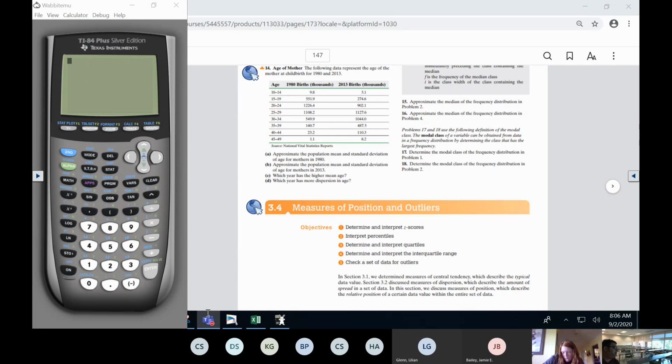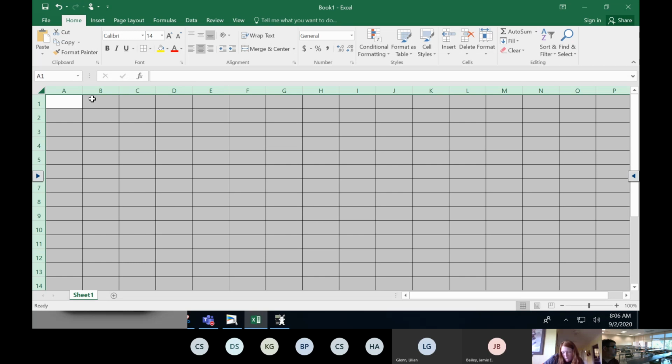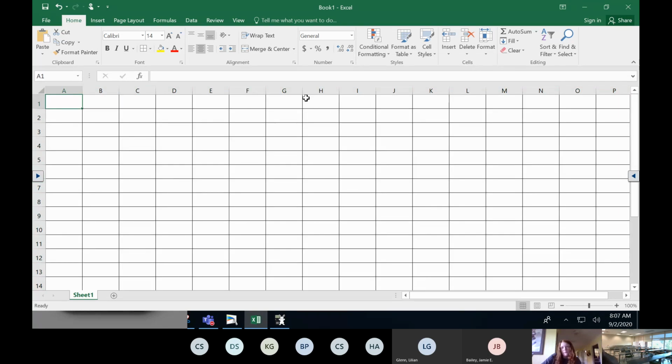All right, here we go with the Excel spreadsheet. We did n is odd last time, so let's do n is even. N is equal to 12. And we're going to put 12 numbers for the X, and let's do ages: 18, 18, 19, 20, 21, 21, 21, 23, 25, 27, 27, 28.